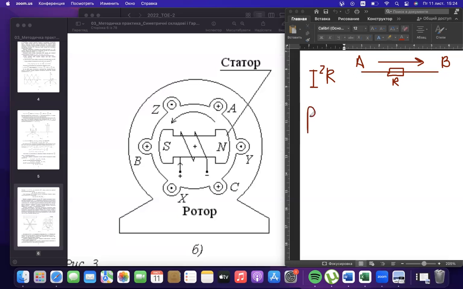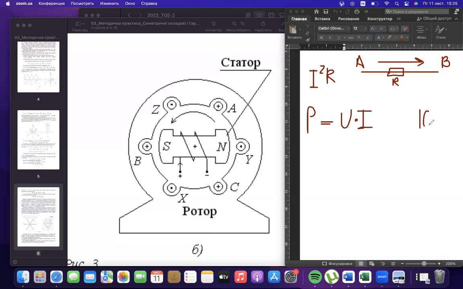In the same way, power equals voltage multiplied by current. And if we want to transport some constant value of power, it means that we could change only voltage and current.